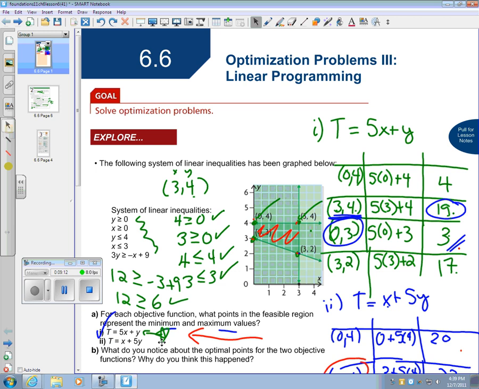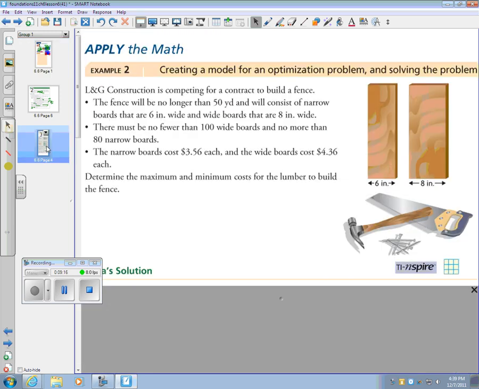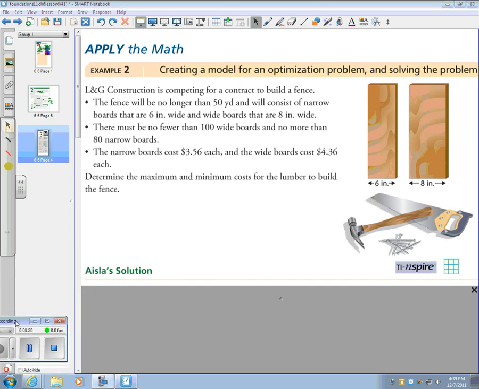Okay? So I'm just going to read through a sample that you have in your textbook. This is on page 338. We're going to go through this one together. So we have LNG Construction competing for a contract to build a fence.